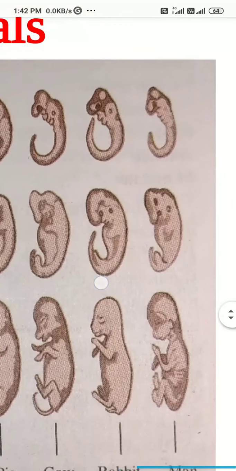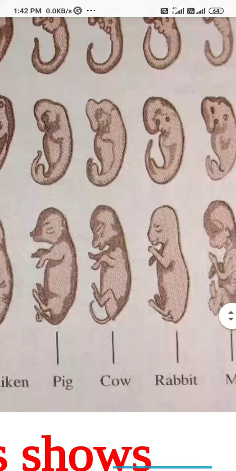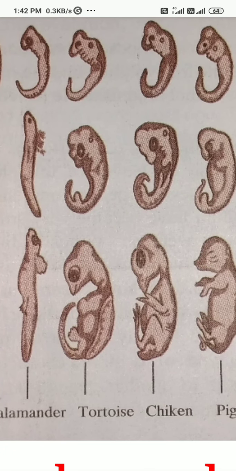About the second stage, the embryos are more similar in the second stage also, as you can observe here in pig, cow, rabbit and man. But that is not seen in salamander, tortoise, chicken. These embryos are different here in the second stage.